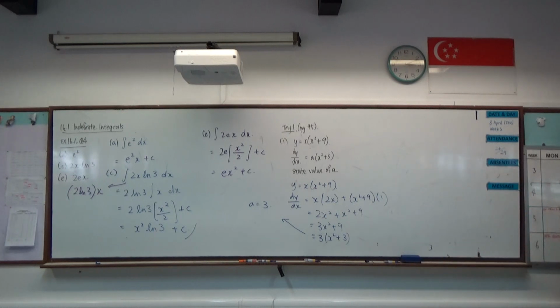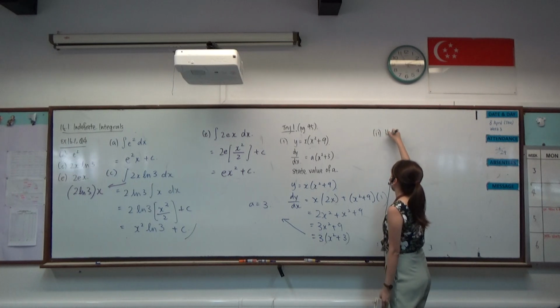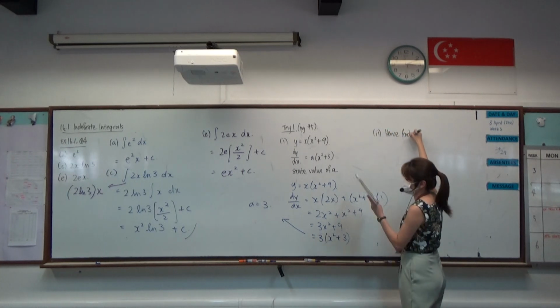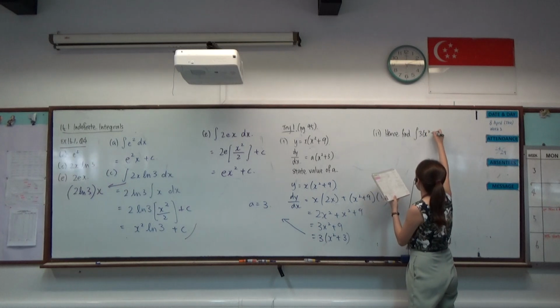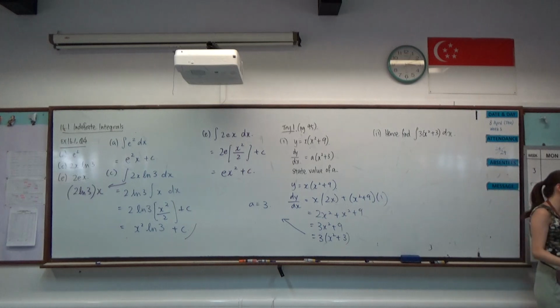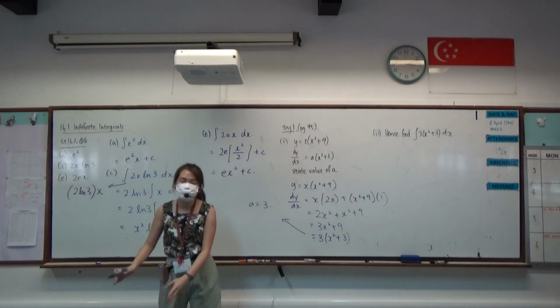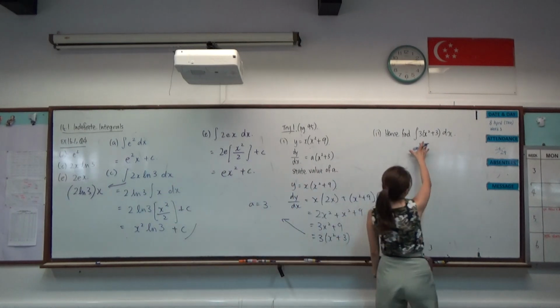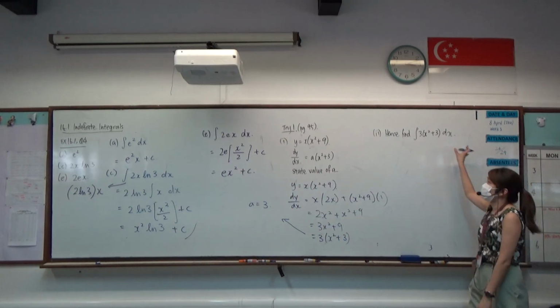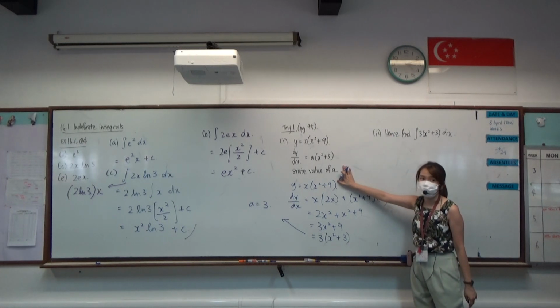Alright, so after we have done the differentiation, my objective over here is to address part 2. We want to hence find the integration of 3 bracket x squared plus 3 dx. We know very well that with our power rule that we have already learned, we can actually go about integrating this in another manner that doesn't require, hence doesn't require, our part I's answer.